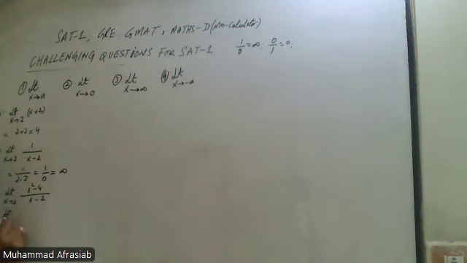The limit as x tends to 2 becomes x plus 2 into x minus 2 over x minus 2. These cancel out, so it is equal to the limit as x tends to 2 of x plus 2, and finally it is equal to 2 plus 2, which is 4.